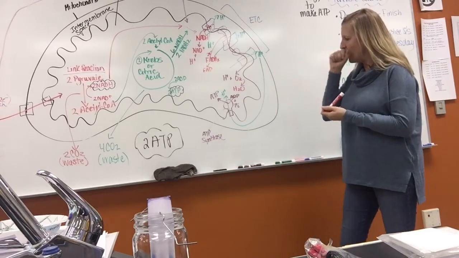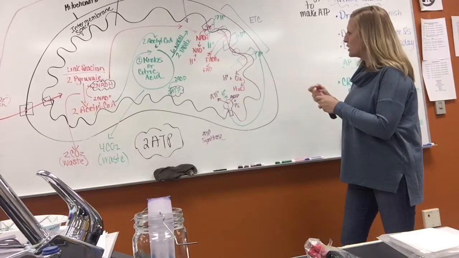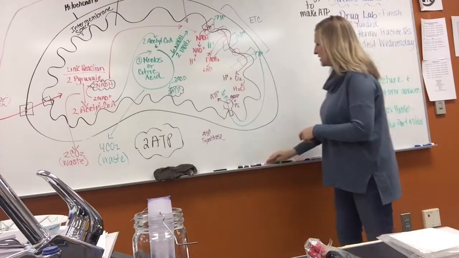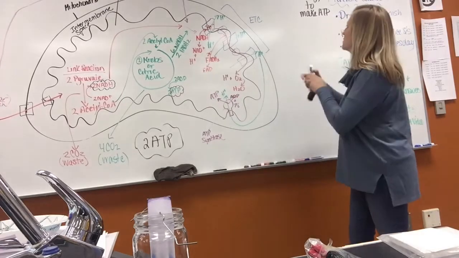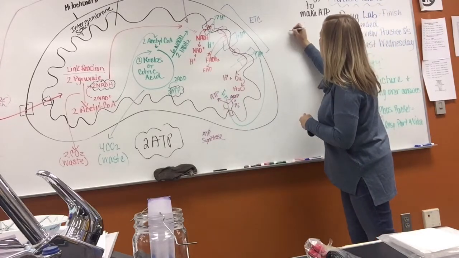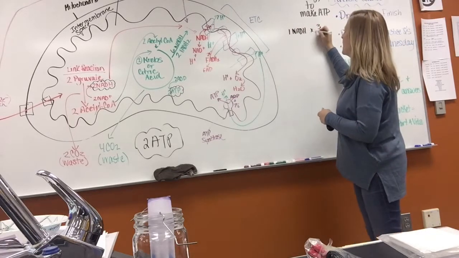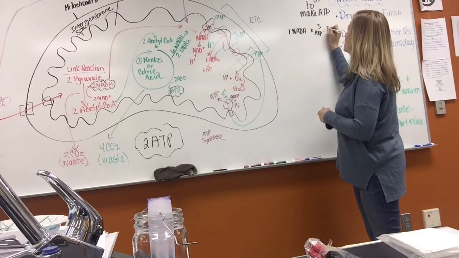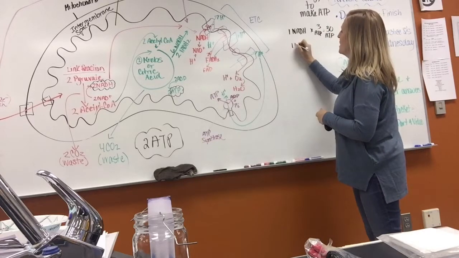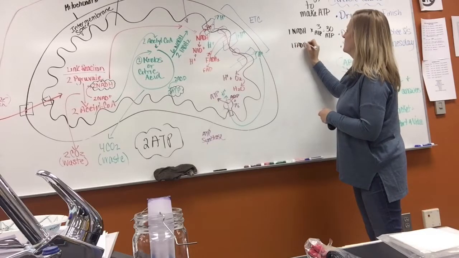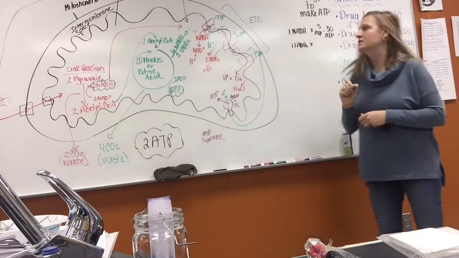All right, and so therefore, when we talked about this in the notes, we said that 1 NADH, remember, makes 3 ATP, so you get 30 there. And then what did we just say? 1 FADH2 makes what? 2.